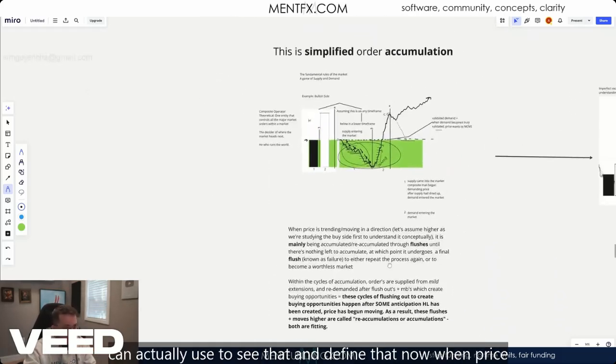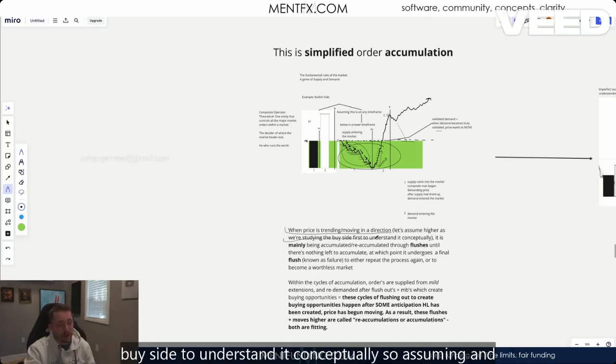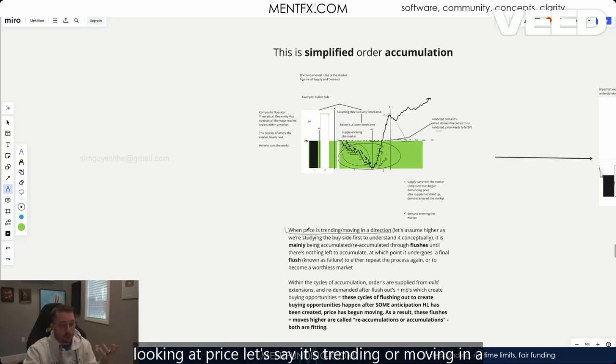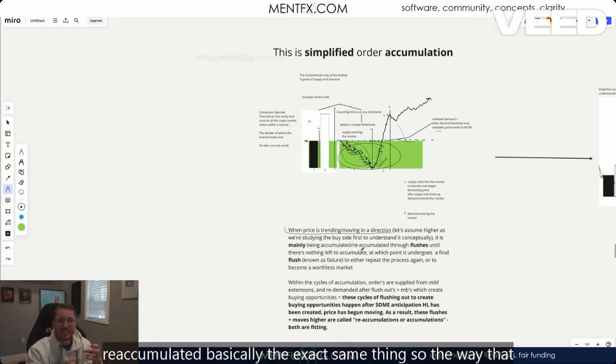Now, when price is trending or moving in a direction, and again, for the sake of the content in the portal material, we're going to assume that it's moving higher, because we're studying at the moment the buy side to understand it conceptually. So assuming price is trending or moving up, it is mainly being accumulated, going through accumulation, the thing you see above, or reaccumulated, basically the exact same thing.